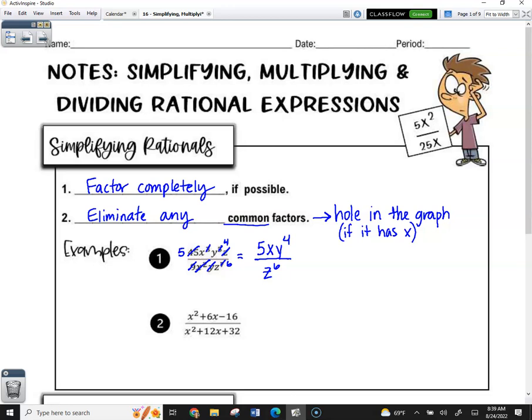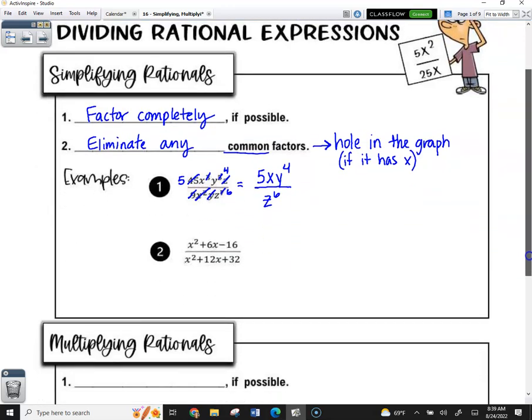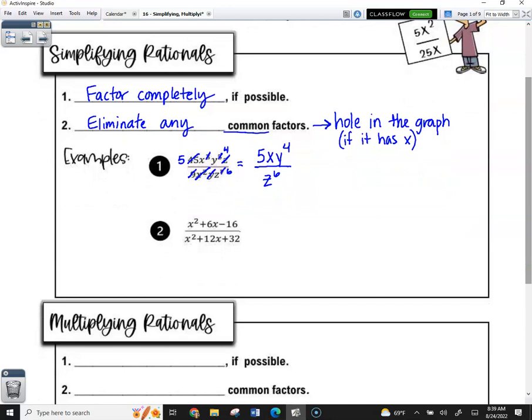Now, number 2 is exactly like the IXL from yesterday, or this morning. Let's get it in factor form. You will notice that A is 1 here and here, which means we can go straight to parentheses if it will factor.